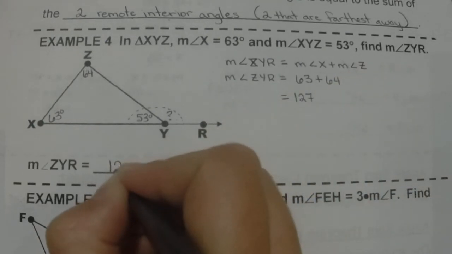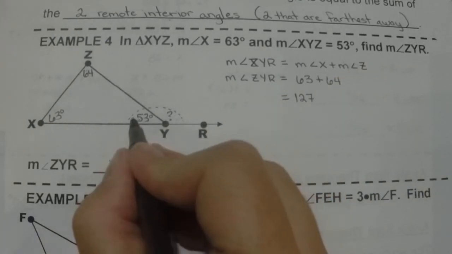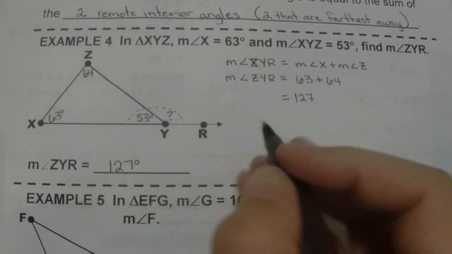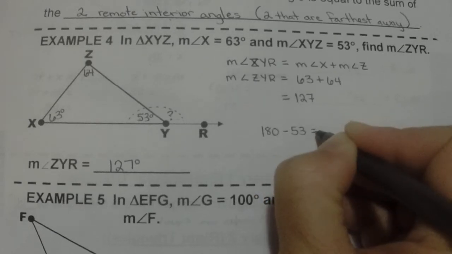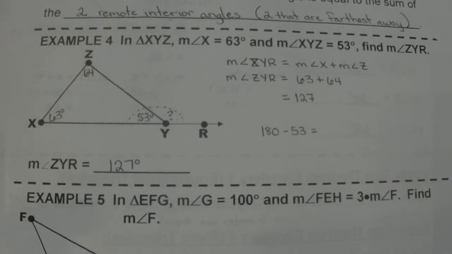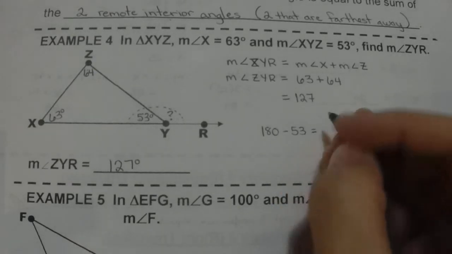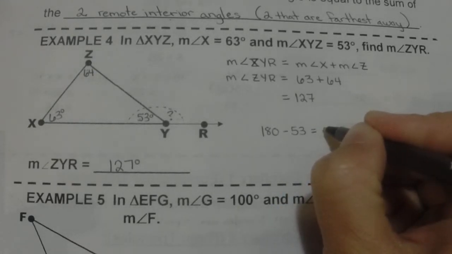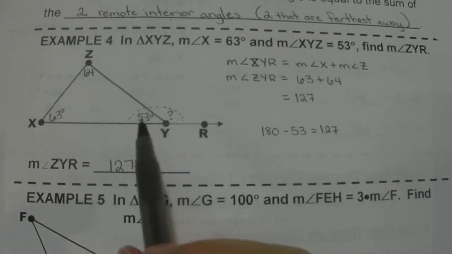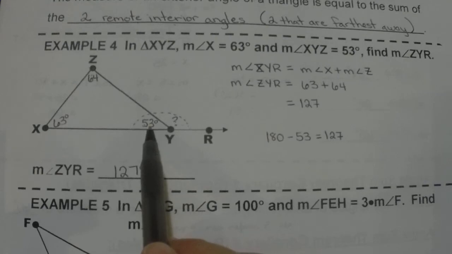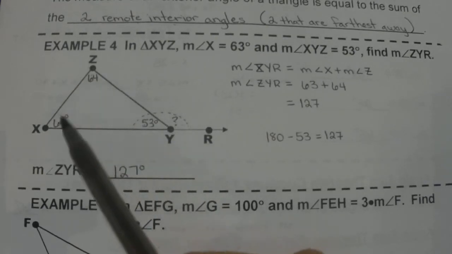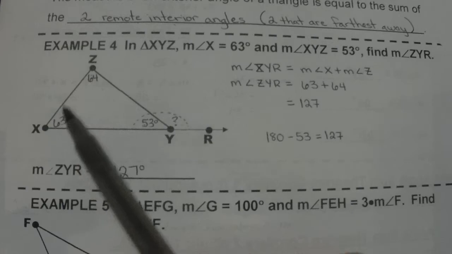So this would be 127 degrees. So now let's double check our old linear pair idea. If I take 180 and subtract 53, I should still get 127, just to verify that I did get the right answer. Which I did. So we can either use a linear pair if they give us numbers, or if they give us this angle. But if they only give us the two remote angles, we can use those.